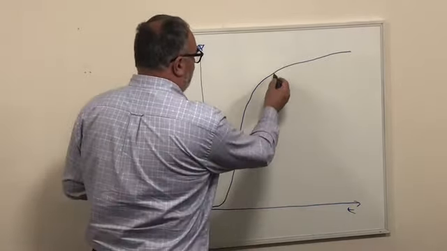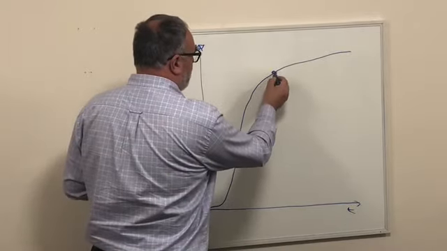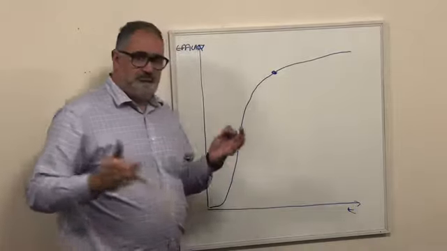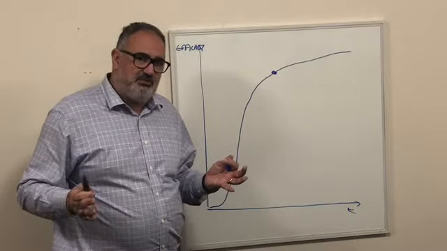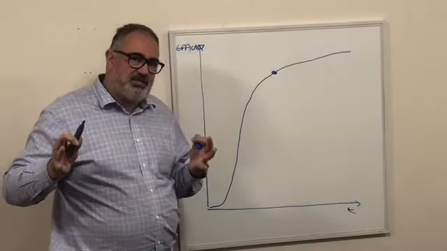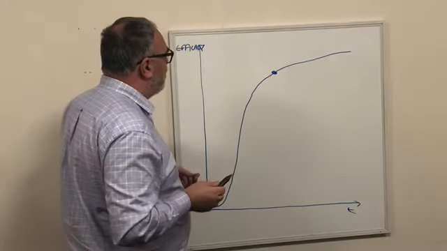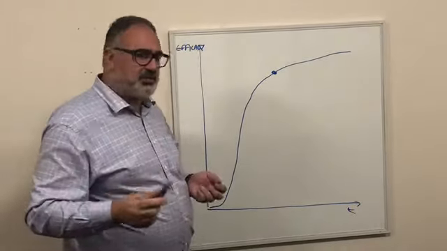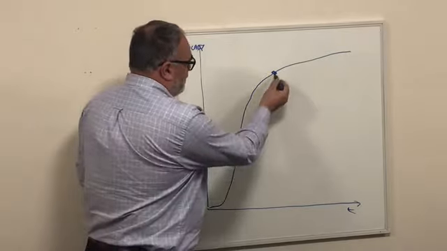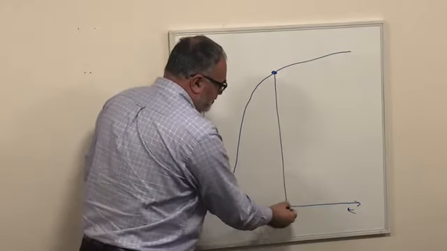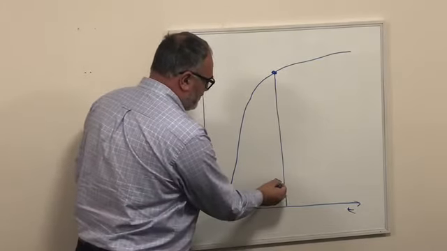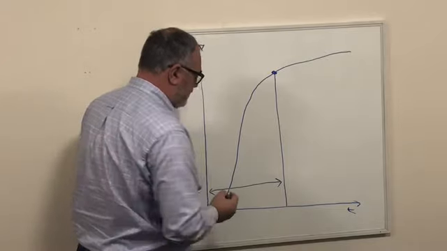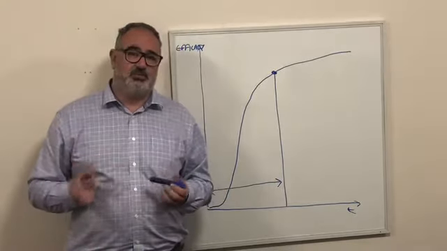So if we were to take a point, say here, where we're not at 100%, but we're at about 80% of function of the patch, that period of time that we've got a delay is actually 3 days.